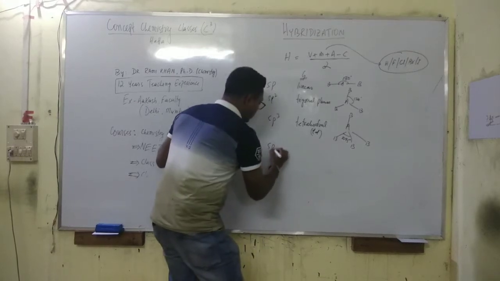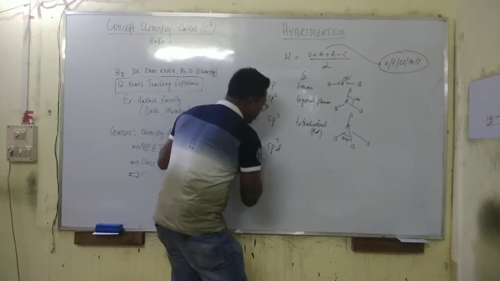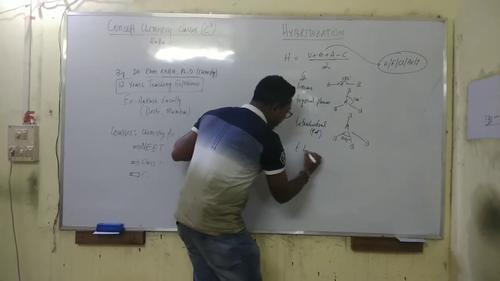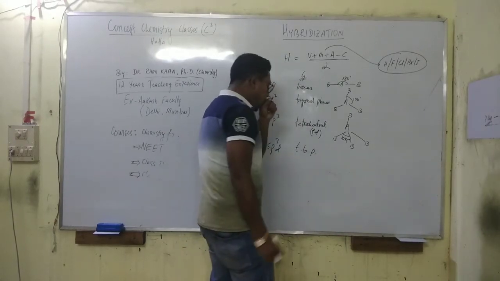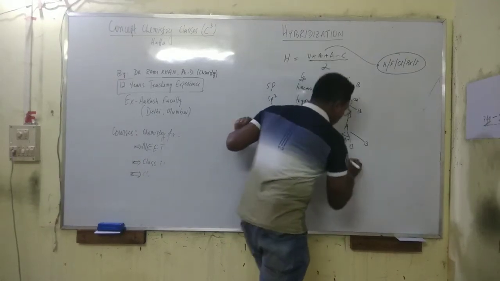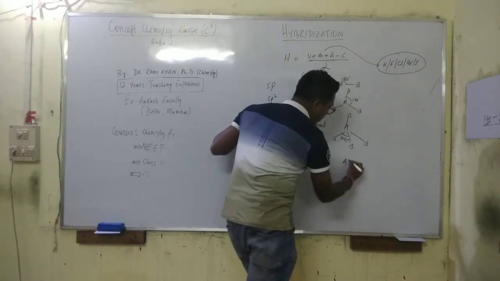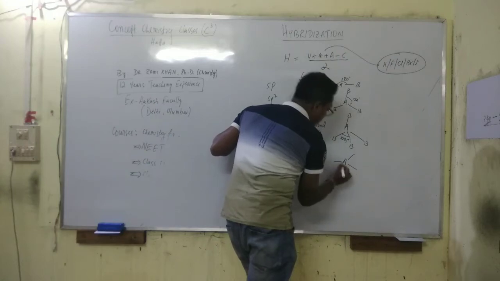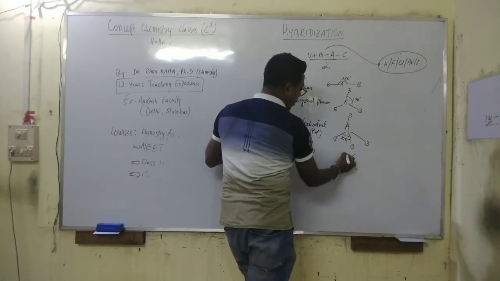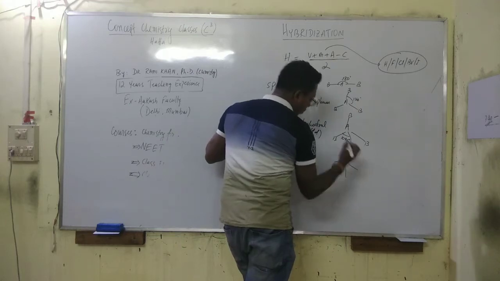Now for sp3d hybridization, the geometry is trigonal bipyramidal, and the structure of trigonal bipyramidal is, this is A, the central atom, this is trigonal planar like this, and one bond up and one bond down.